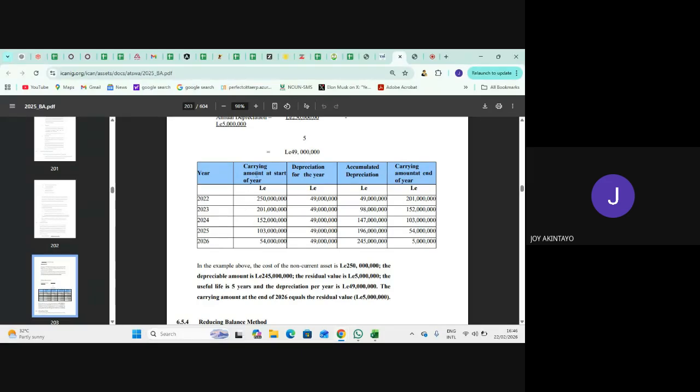So at the beginning of 2022, we have this to be the cost at the start, then depreciation for the year. Accumulated depreciation is this, then we have this. So at the end of the period, we have the residual value, which is 5 million only. Are we together? So that's how that one works.